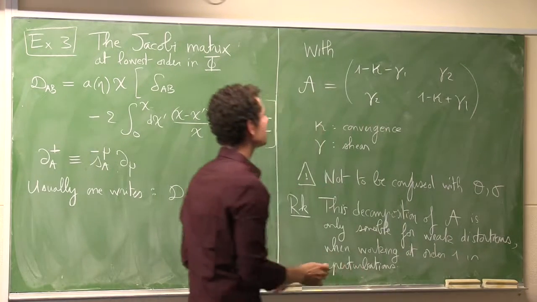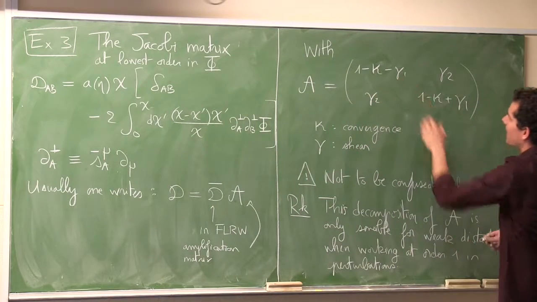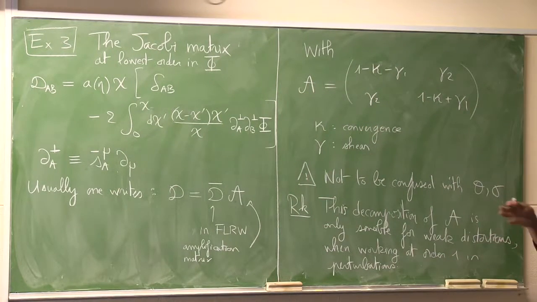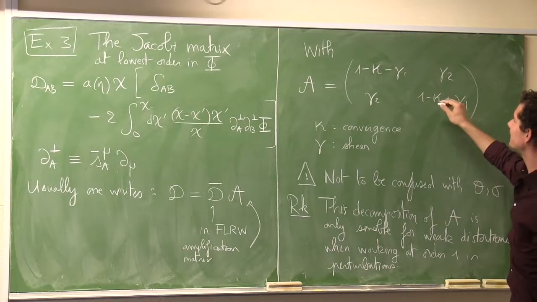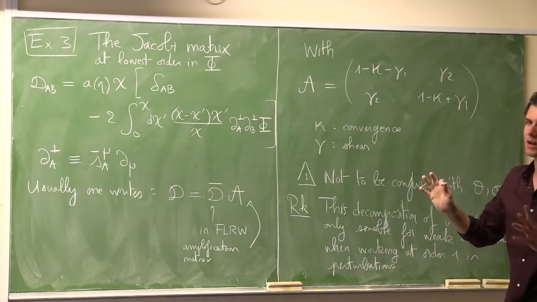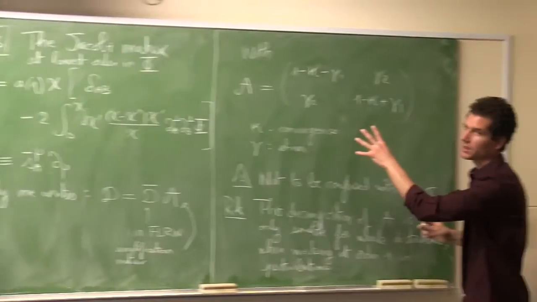Even if you can always decompose a symmetric matrix this way, when kappa and gamma become of order 1, or are not much smaller than 1, they will not directly represent the net focusing, or net magnification, or the net shear of images.